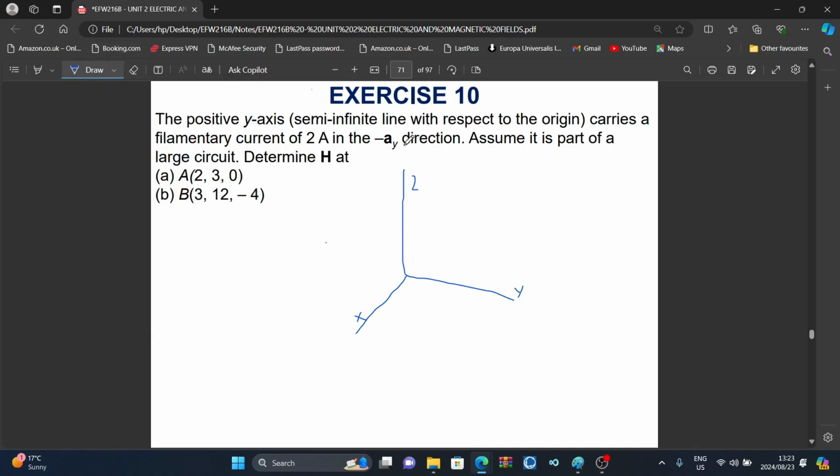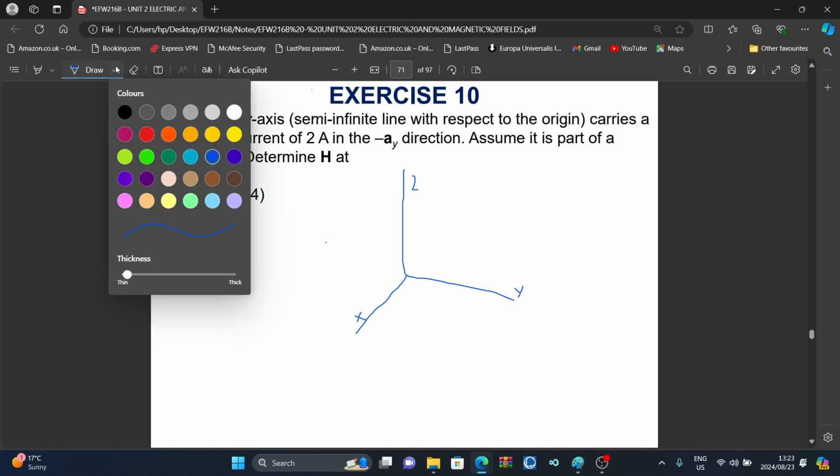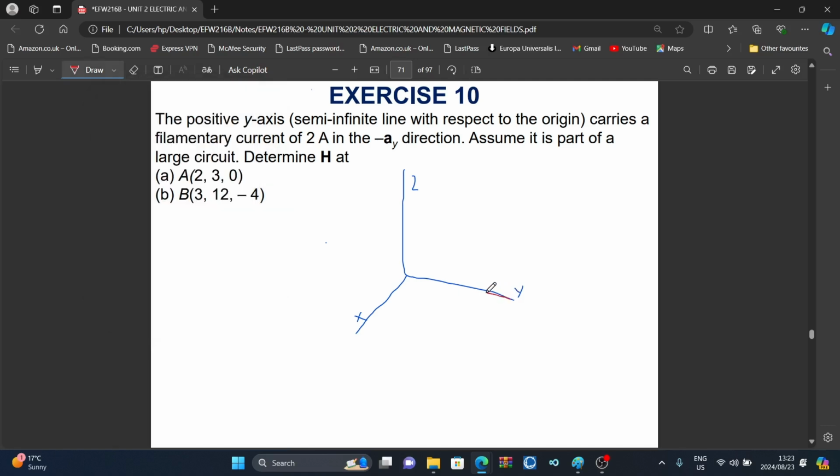So they say our current is on the y-axis in the negative direction. The red line is the current, which is in the negative direction of y. So it's going that side.